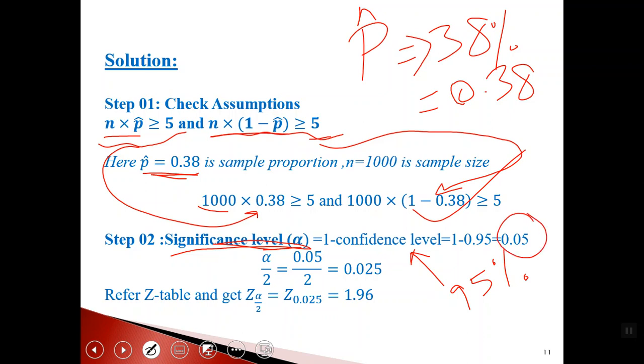Now you have to get alpha over 2, which means 0.025. Then go to the c table and get c alpha over 2. That value is 1.96. Step number 2 done.